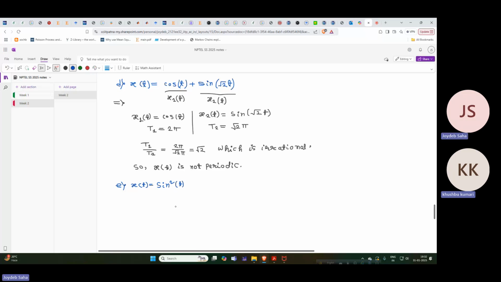Time period is pi. Yes. Anyone else who can solve this? Take 2 more minutes, other students.